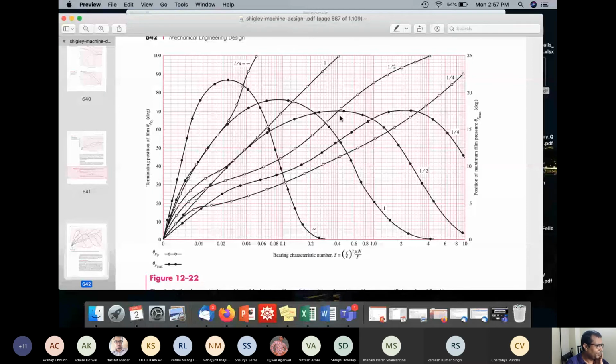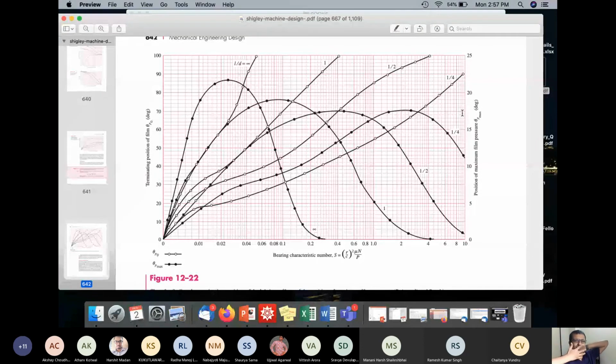So the open circles are theta p0, and the complete dots are theta p max for this side. Okay, so both of these are superposed here. So you can find theta p0.